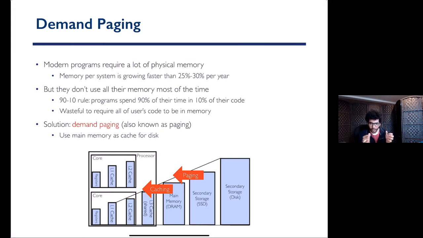Now we can downscale that idea to any page in your physical memory. You could swap a page from your physical memory to your storage to make space for another page to come into your physical memory.